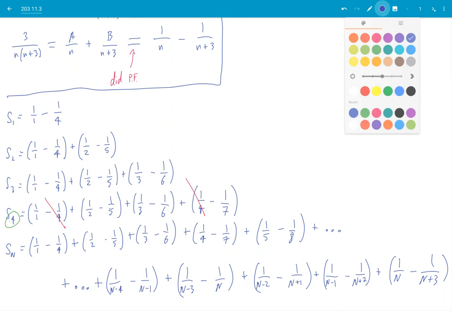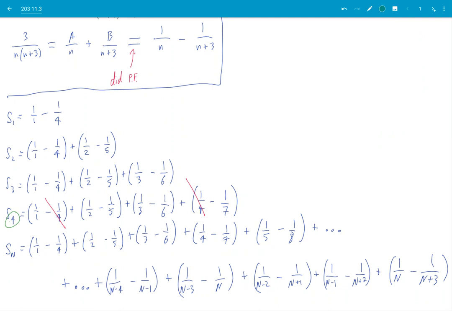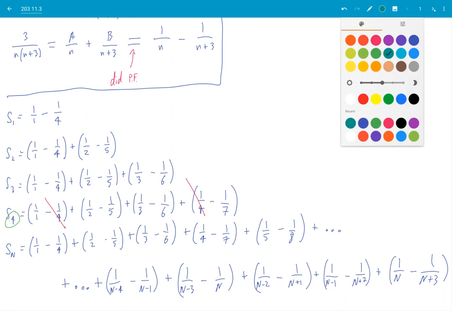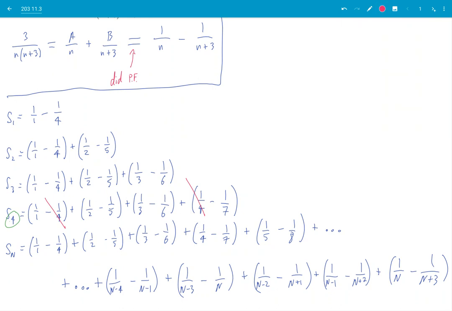Okay, now look at what I wrote in red here. I showed some cancellations. I want to do that with Sn. So the quarter minus a quarter plus a quarter minus a fifth plus a fifth. What do I conclude?